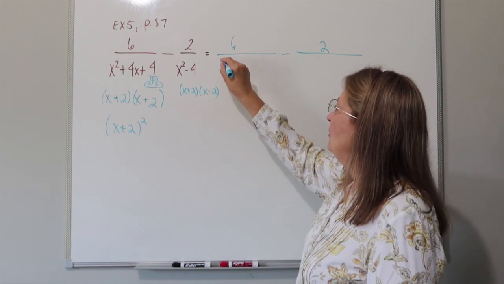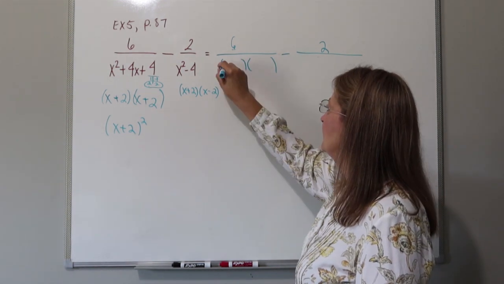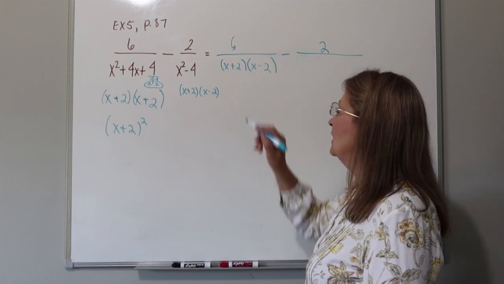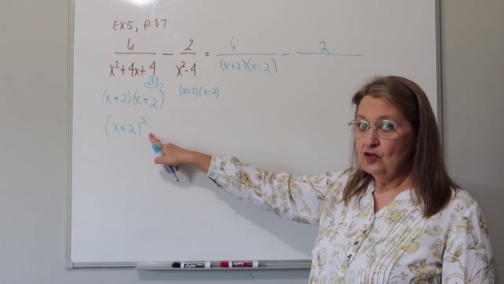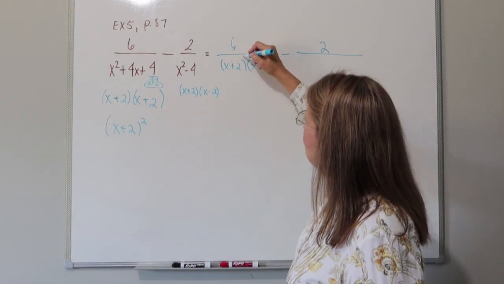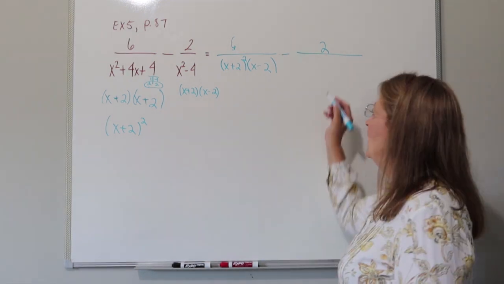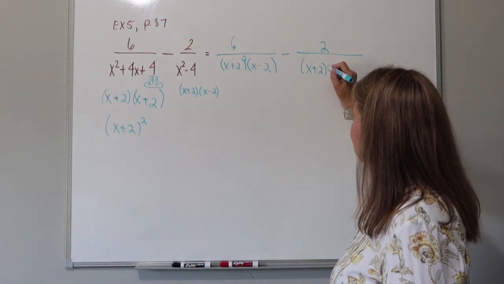So for our new common denominator, we're going to need one of every factor we see. So I see an x plus 2 and I see an x minus 2. Now I need the highest power. Well, this one has a square. So I'm going to have x plus 2 squared up here and then x minus 2. And this will be the denominator for each one.